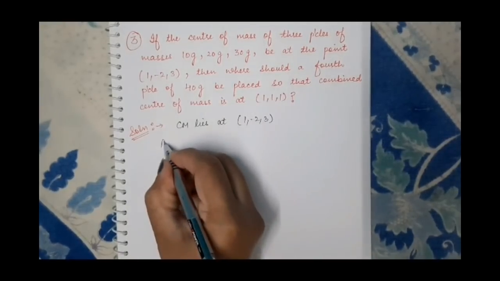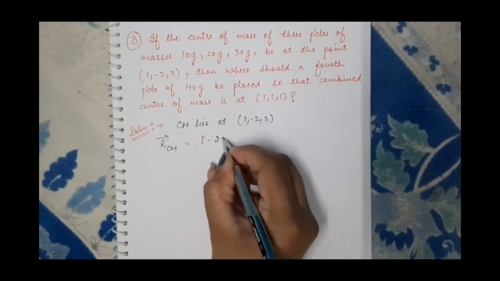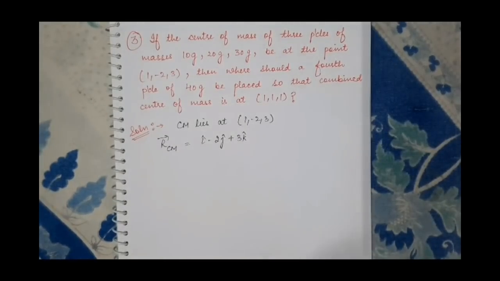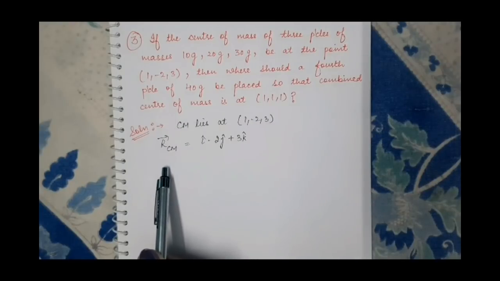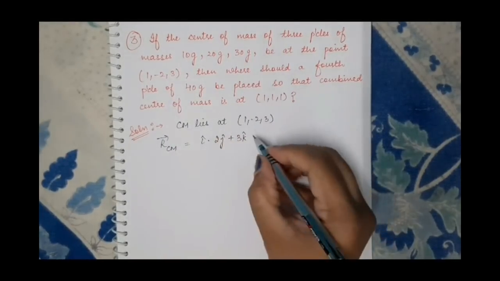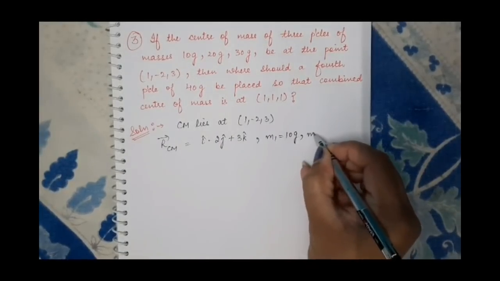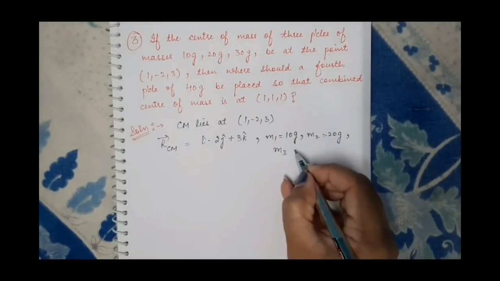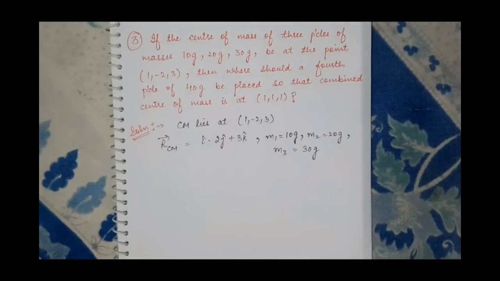It means its position vector will be i cap minus 2j cap plus 3k cap, and this is the position of center of mass of a system having 3 particles. M1 is 10 grams, M2 is 20 grams and M3 is 30 grams. So this is the first information.